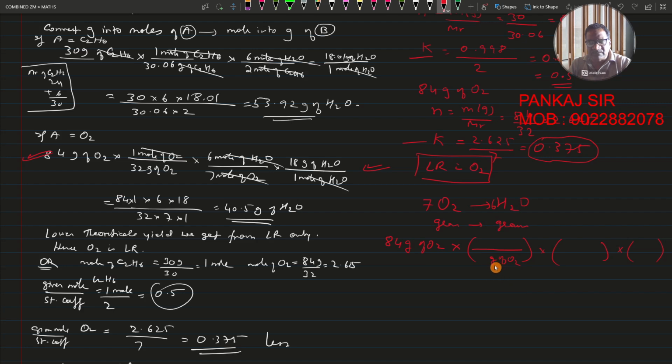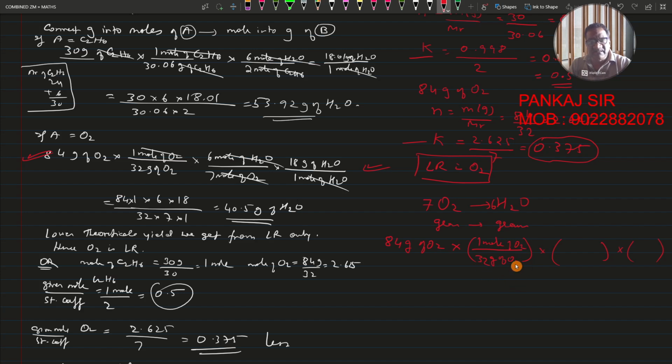But then this gram of oxygen, I have to convert it into moles, isn't it? So 32 grams of oxygen is nothing but 1 mole of oxygen. So the first factor will be 1 mole of oxygen upon 32 grams of oxygen. Is that clear?